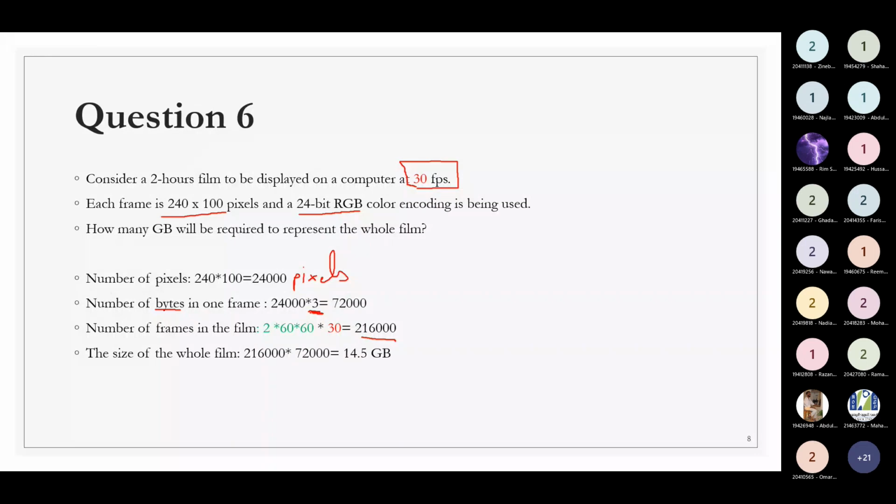Can you explain to me the meaning of 3? Good, Sadia, good. It is 24 bits divided by 8, the size of a byte. This is why here we have 72,000 bytes.